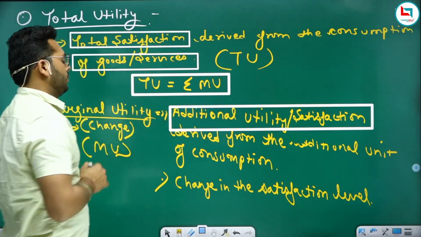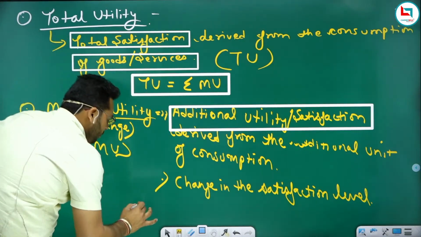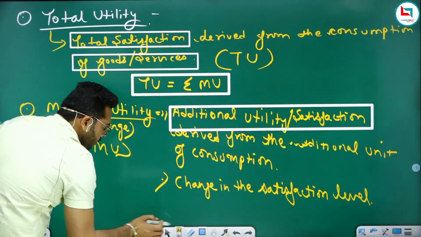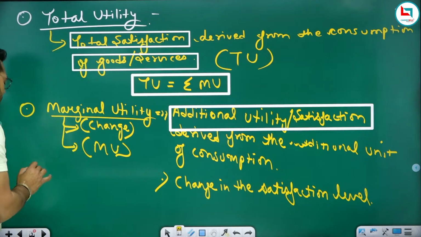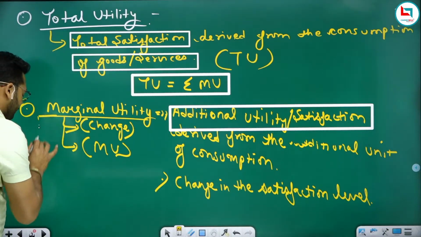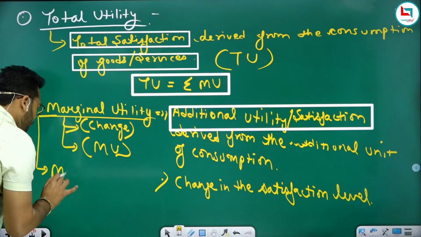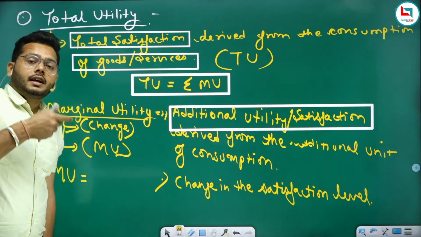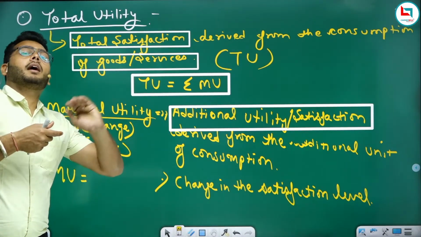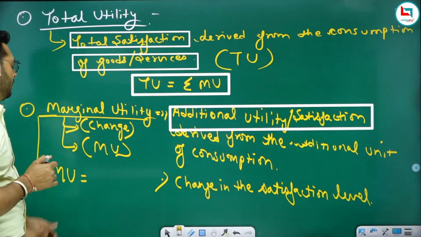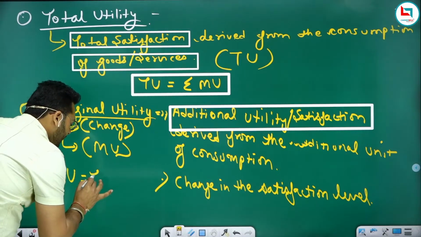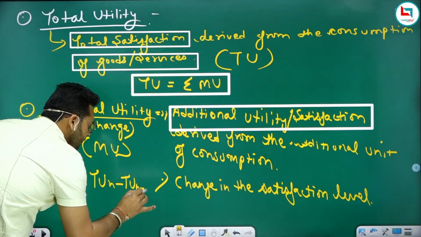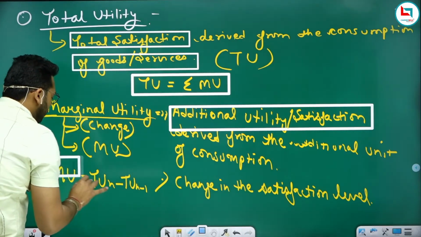Now what is the formula of MU? Marginal utility is the difference between the total utility and the earlier total utility you got. So we can write here MU equals TUn minus TUn minus 1. Here we can write the formula of MU.